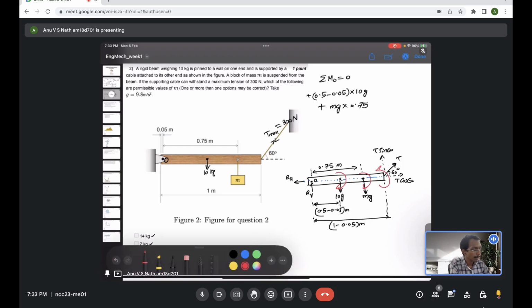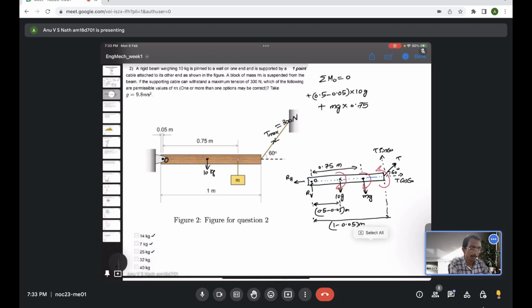I hope these moment directions are clear to everyone. Because it is anti-clockwise, I am taking a negative sign, so it is T sin 60 times 1 minus 0.05. This is the net moment, and for equilibrium it should be 0.